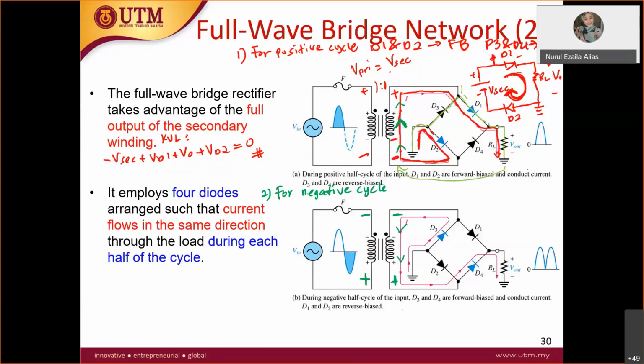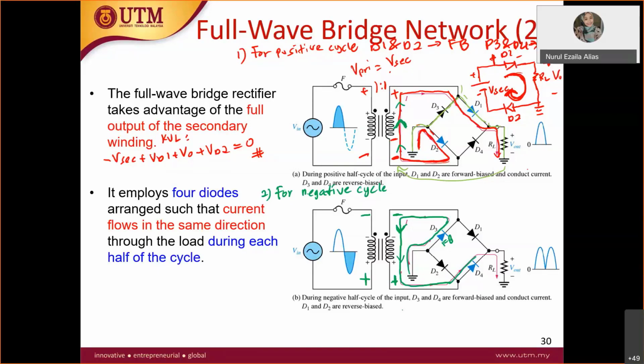Since it is in this way, from this ground it will meet D2. Yes, D2 is forward biased, and then it will go in this direction from negative to plus. Dr. Izaila said it must be from the negative to plus, and then it can go two ways. It can go to D2, but D2 will become reverse biased, so you take the other one, D4.